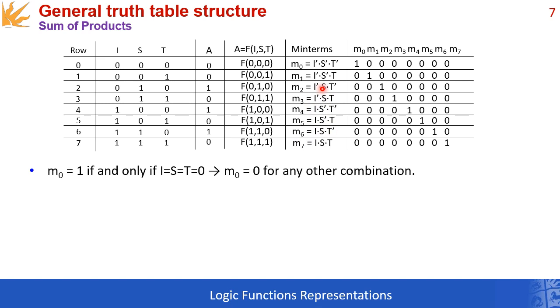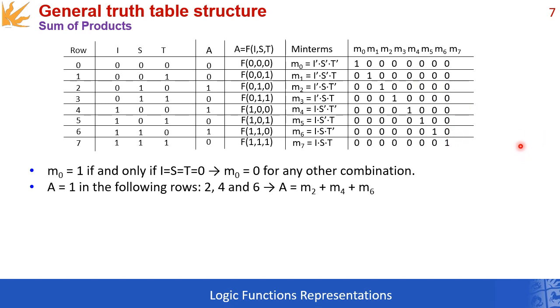And any combination that you try, you will realize that M0 can be 1 only for the first row, and so forth. The second minterm, minterm 1, can be 1 only for this combination over here and 0 for everything else. So the overall alarm function is equal to 1 only for these rows 2, 4, and 6.